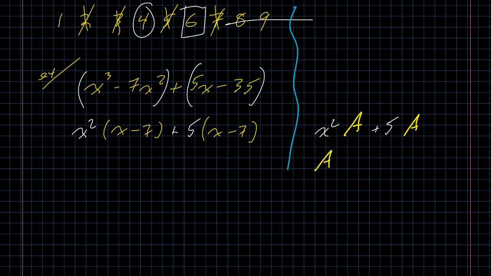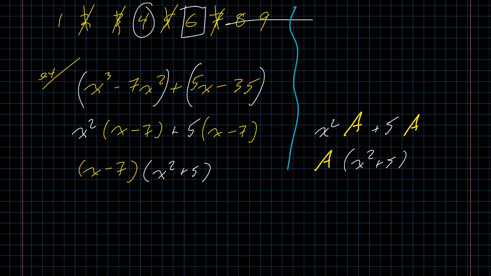That extra thing I've written as a gets factored out, leaving behind x squared plus 5. It looks really strange to do when that thing we are factoring out is the binomial x minus 7, but it still works. x minus 7 times x squared plus 5.